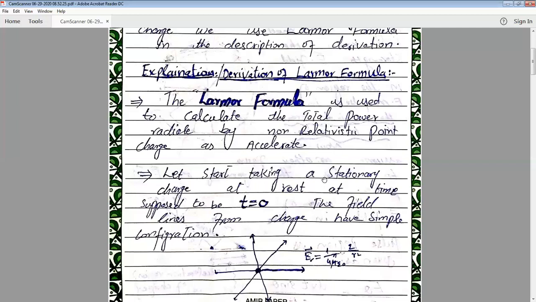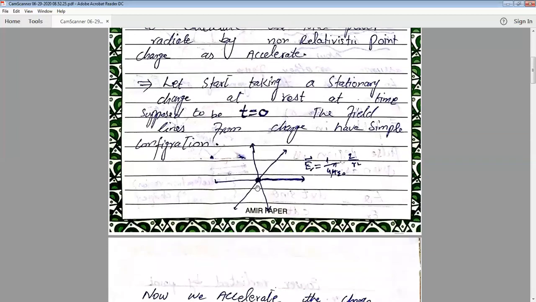Let us start by taking a stationary charge at rest at time t equal to 0. The field lines from the charge have a simple configuration. We know that when a point charge is placed in space, it generates electric field lines.